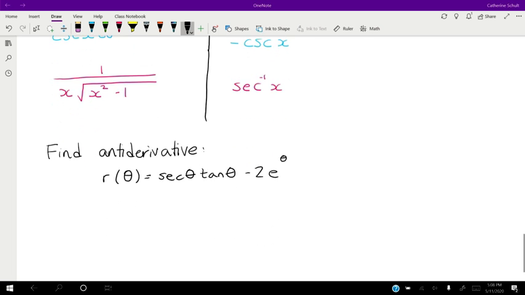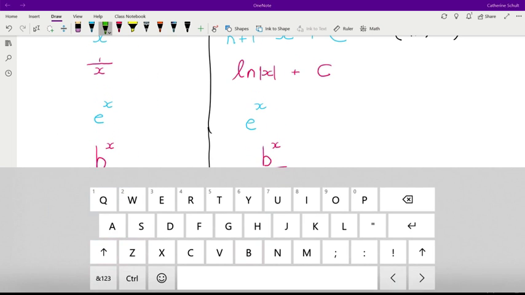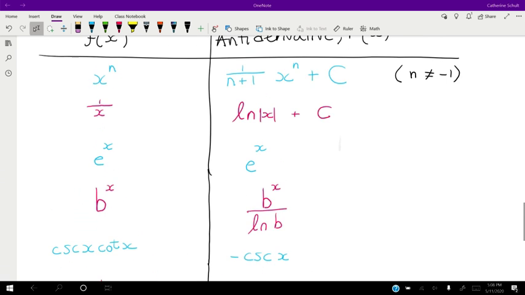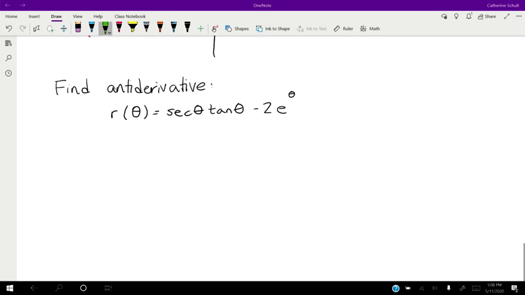Oh, wait. Let me show you this. I'm sorry, I just realized something up here. Let's go through and, just to make it the general antiderivative, we can add C's. All right, there we go. Now it's a general antiderivative. Before it was just one, now it's the general. So it says antiderivative. We'll find the general antiderivative, because why not?